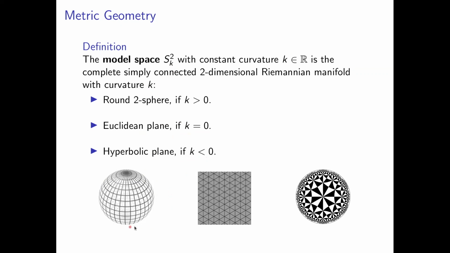Okay, so here we have a round sphere, and here a piece of Euclidean space, and here this is the model for the hyperbolic plane. And here you can see some triangles, right? This is a Euclidean triangle. Here, if you take, for example, the North Pole and 2 points on the equator, you have some triangle, which, just observing, is in some sense fatter than the triangles in Euclidean space.